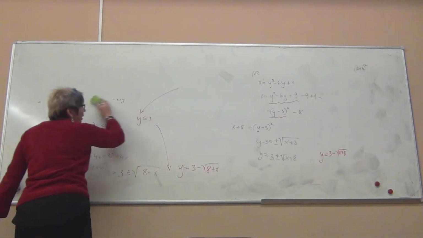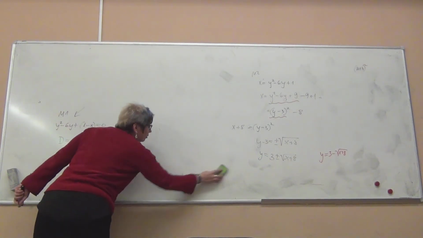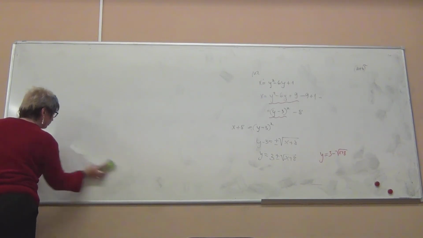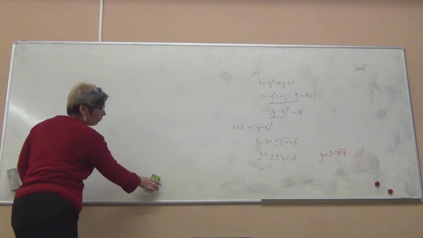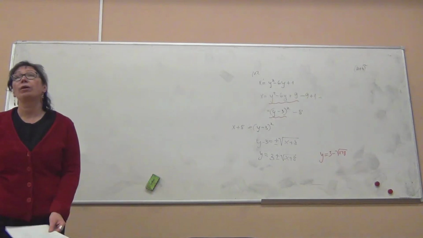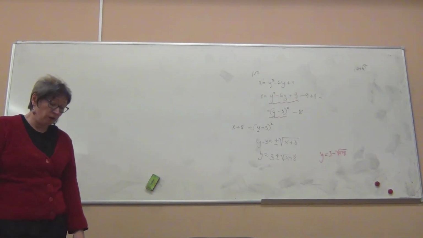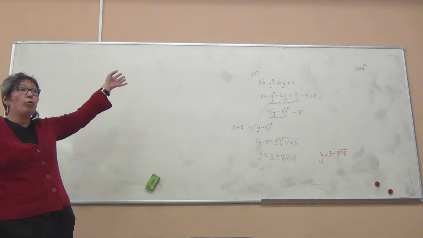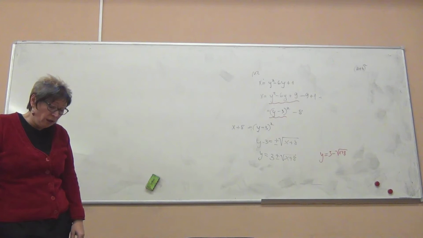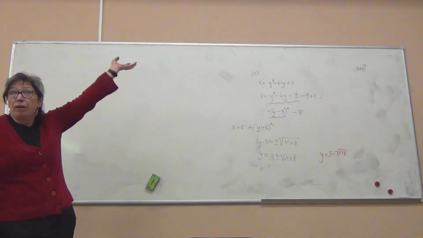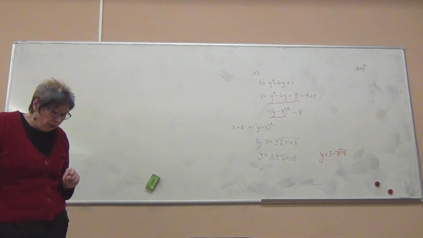Then, of course, the quotient of two linear expressions, linear quotients, in other words, again, the method works where you multiply both sides by the denominator and simplify and express y. Quadratic functions, that's this method.